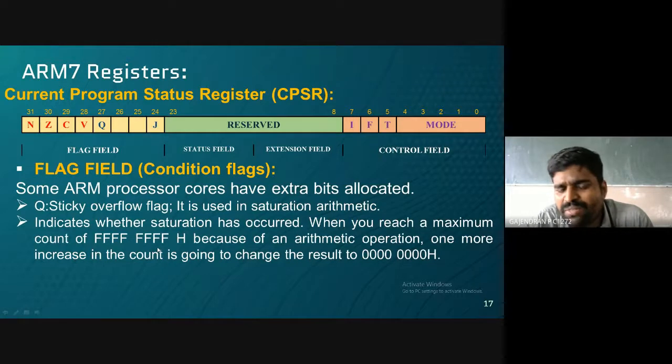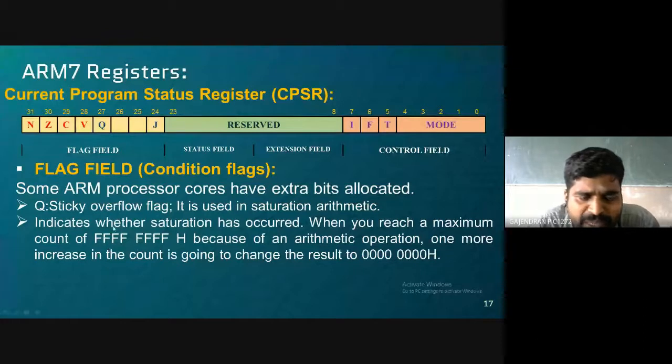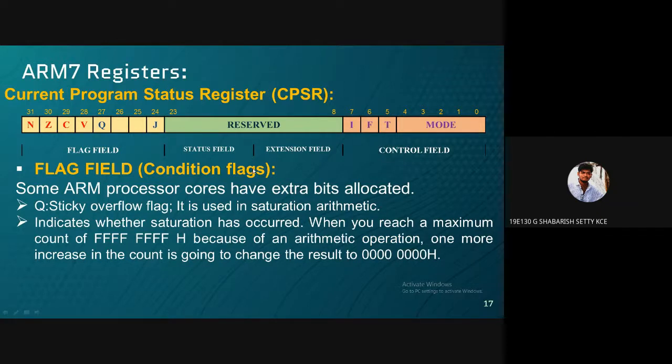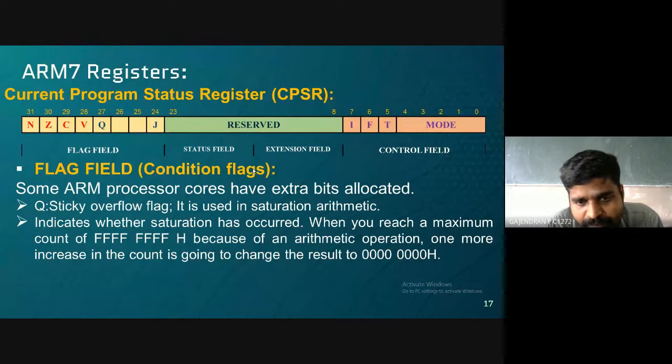If I increment further, what will be the next value? It will reset, then it will become 0.